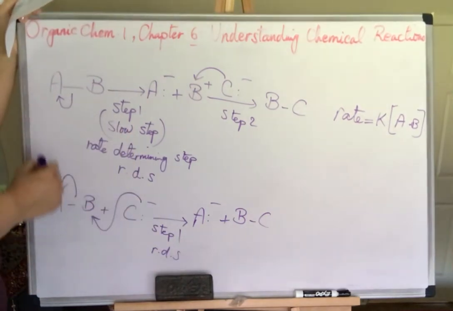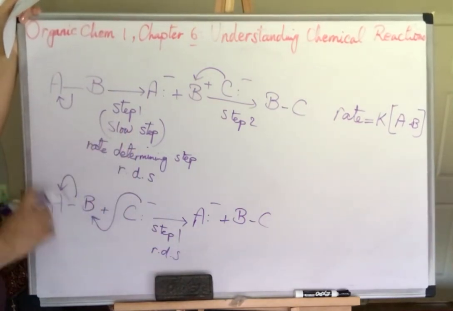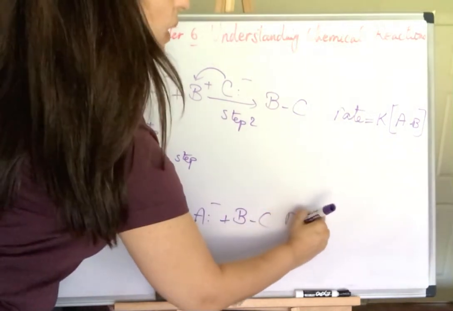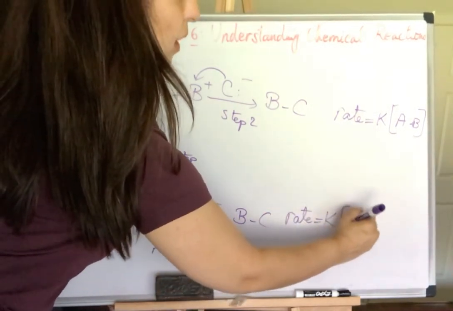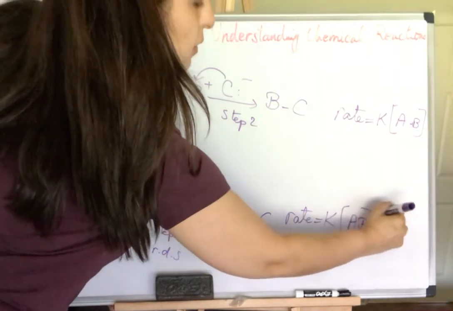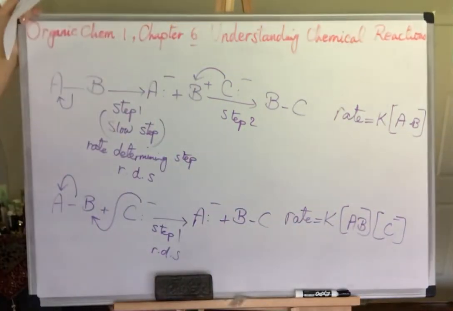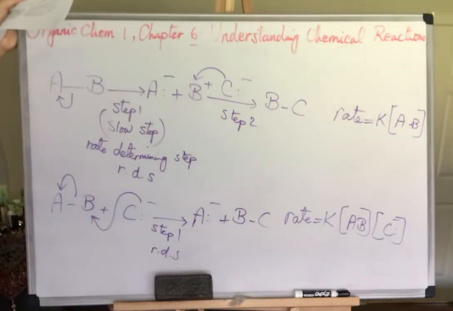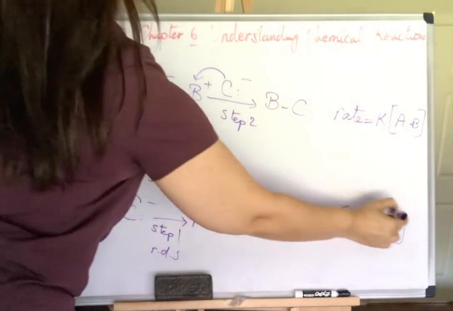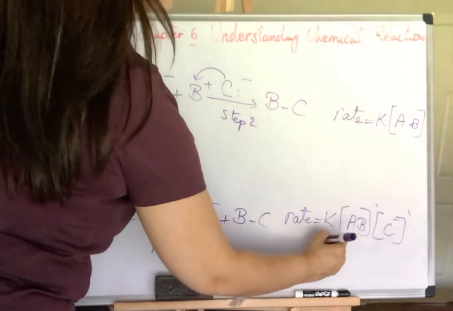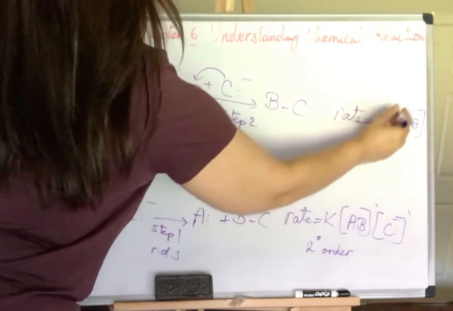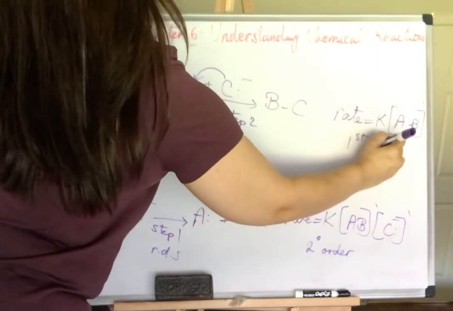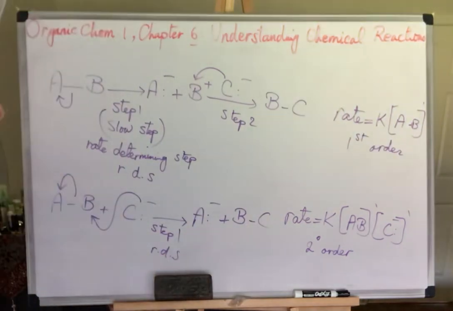And what you see in the rate determining step is both molecules, AB and C. So rate is going to be written as k times AB times C. Okay? So it's a second order. Remember, 1 and 1. So the overall order was second order, and this one was only a first order reaction. Again, if you forgot everything about this stuff, a general chemistry review is going to help.